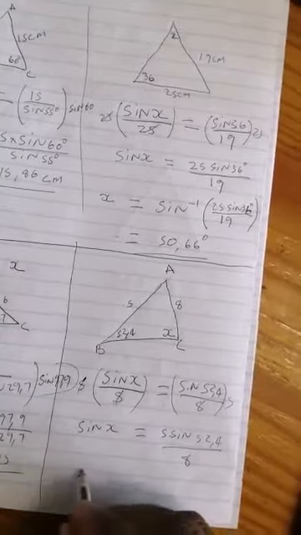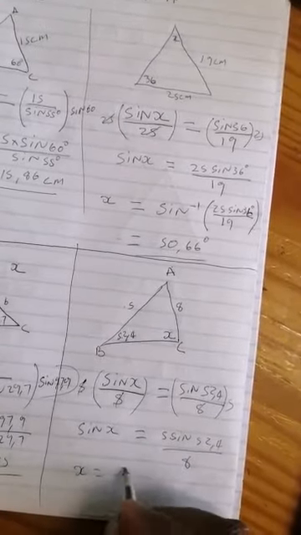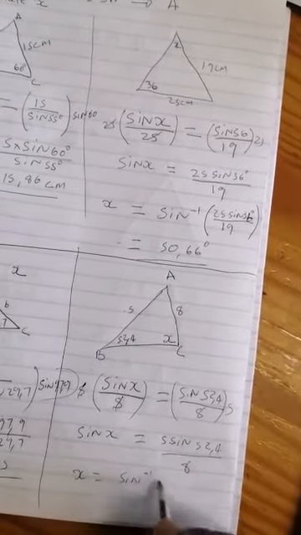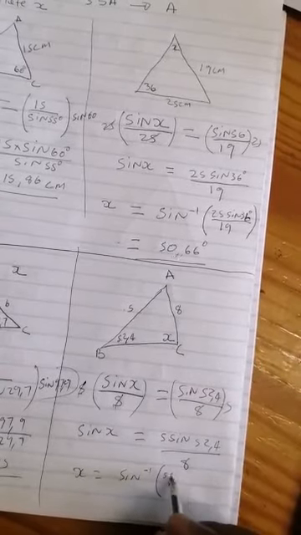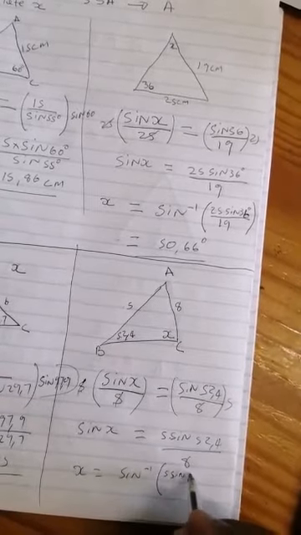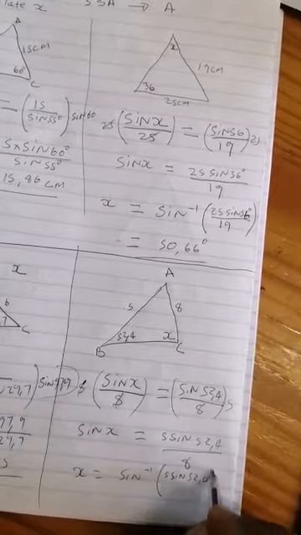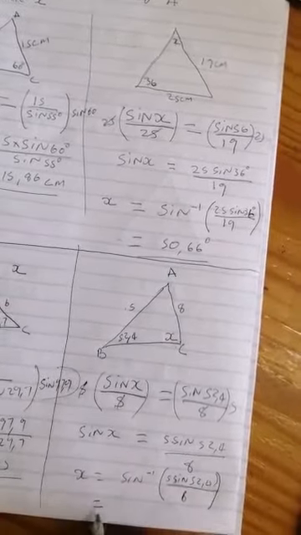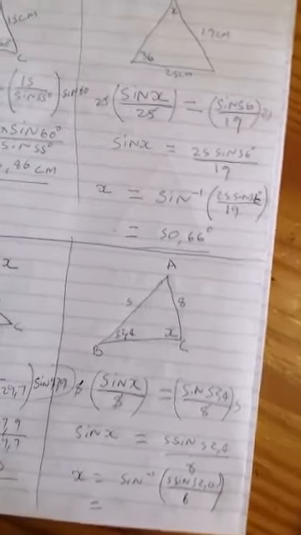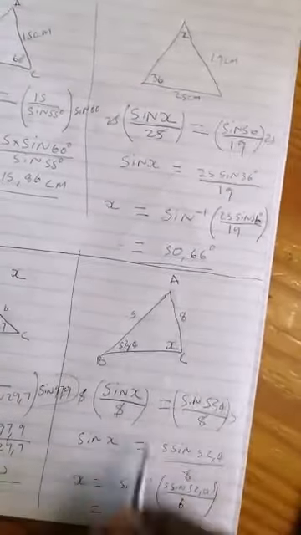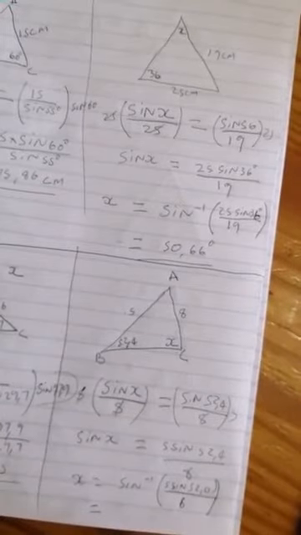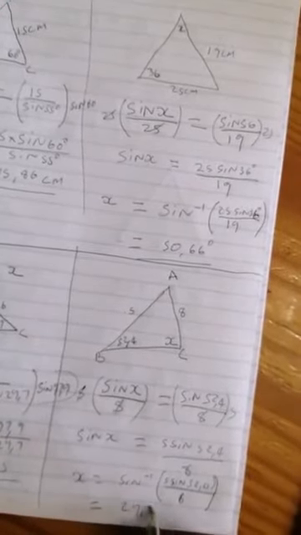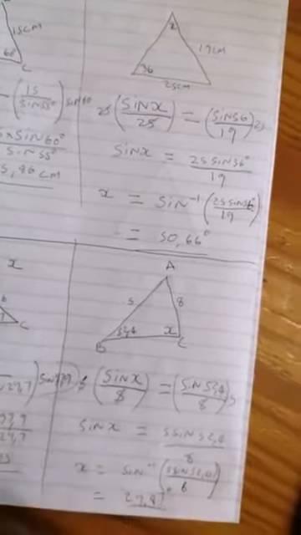Okay, so this is x equals sine inverse of 5 sine 52,4, sorry, all over 8, and then you will find that this angle is equal to 29,87 degrees.